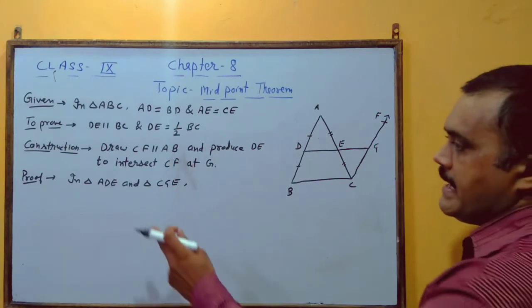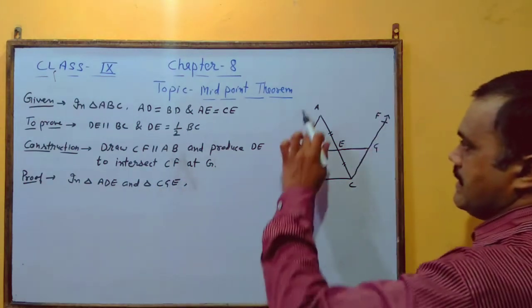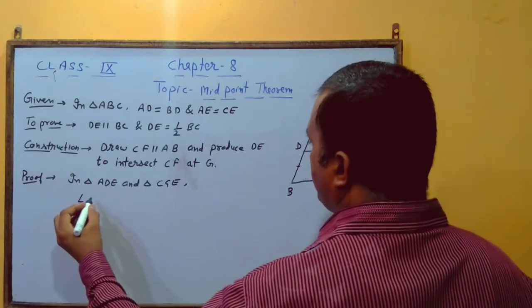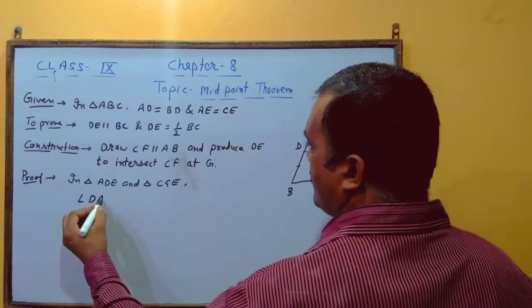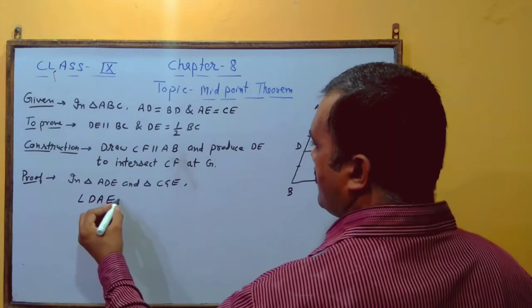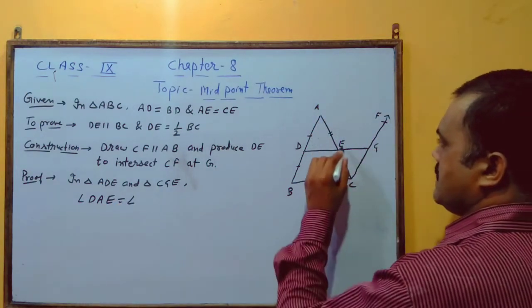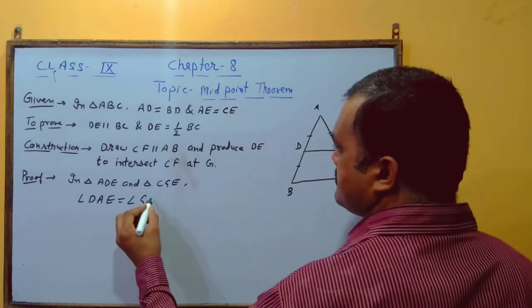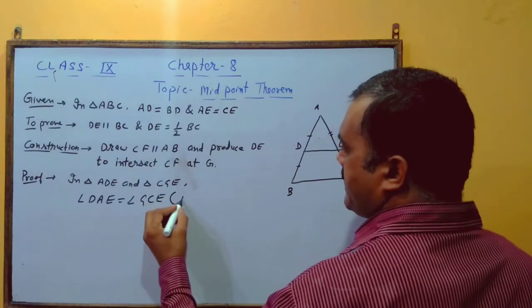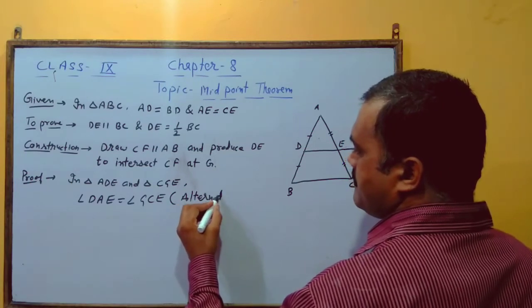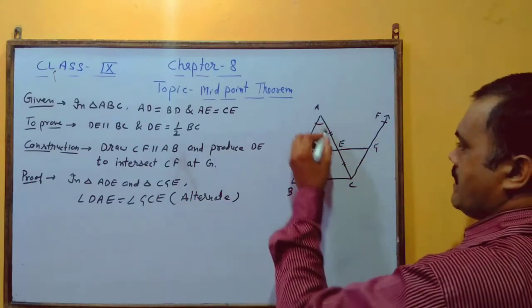So now in triangles ADE and CGE, the lines are parallel. So angle DAE is equal to angle GCE, alternate angles, because Z forming angles are equal.